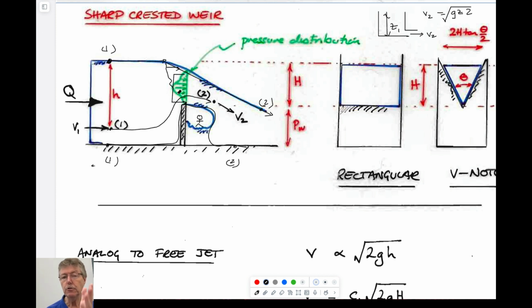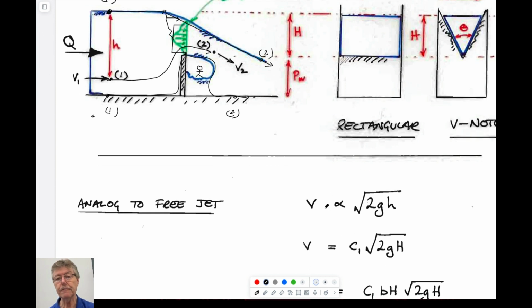So it's not necessarily a uniform distribution like we're assuming for the free jet, but it should be something similar to it. So if you assume that it might be similar to a free jet, we can write that the velocity at point 2 is proportional to root 2gh as we measure this height. Proportional means we need to have a calibration coefficient in it. So we can equate it if we know what this calibration coefficient is, just experimentally.